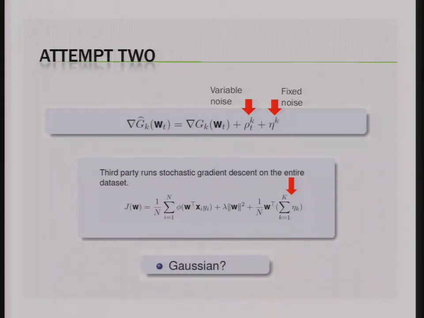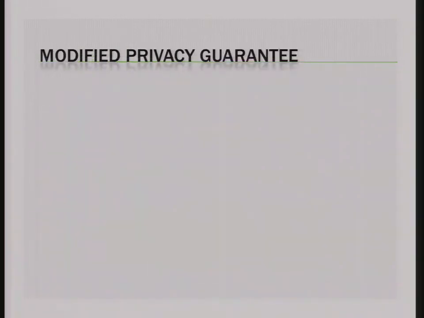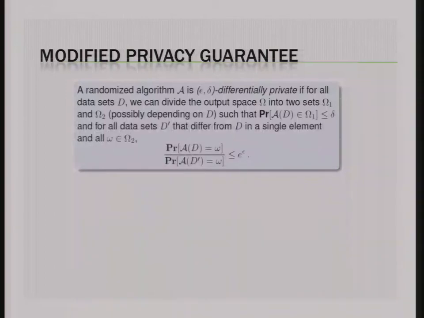So would Gaussian noise work would be the next question. It does work, but with a modified privacy guarantee. This guarantee is known as the epsilon-delta guarantee. What this says is that your algorithm is epsilon differentially private with high probability, with probability 1 minus delta, which means over your output space, with probability 1 minus delta, if you land on an output, you would be epsilon differentially private.